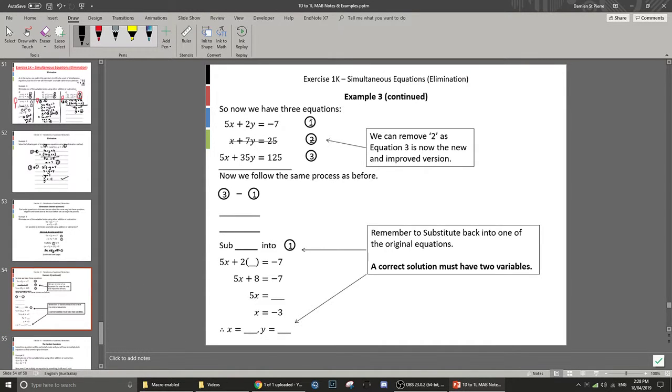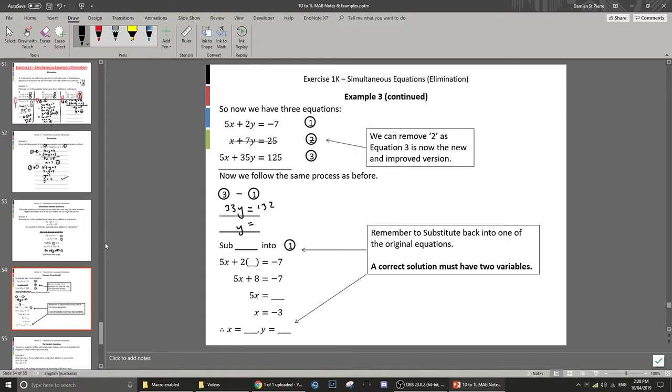Okay, so we had 1. We're not going to use 2 anymore, but we're going to use 3. So we can now do 3 minus 1, which is going to give us, okay, 5x's cancel out, we get 2y take away, oh no, we're doing it the other way around. 35y take away 2y, so we're going to get 33y is equal to 125 take away the negative 7, that's going to be 132.